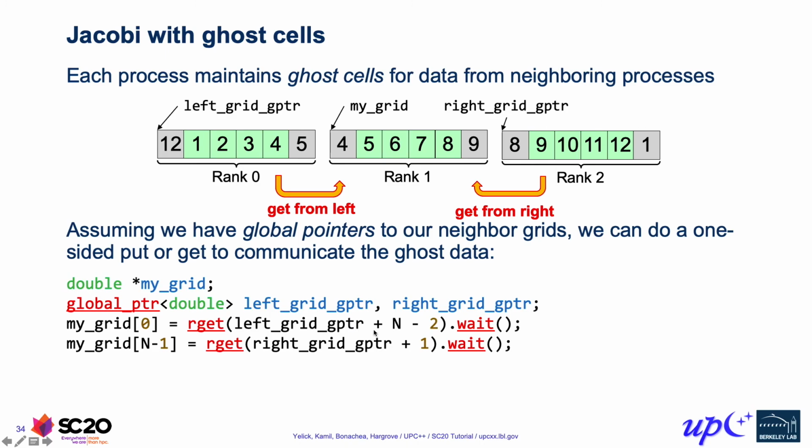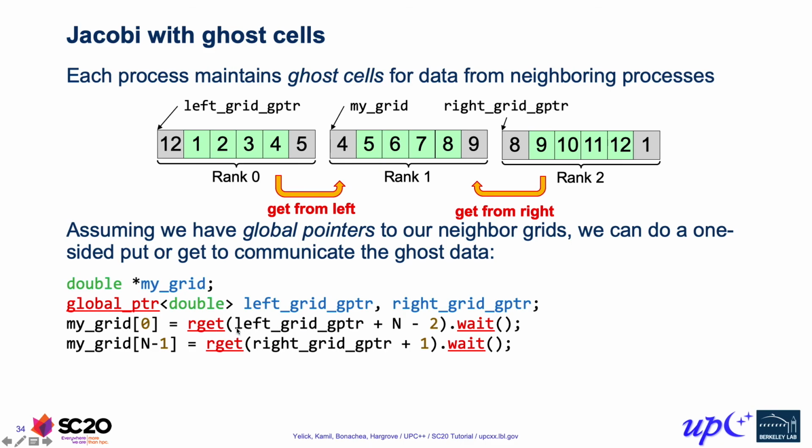Okay, so notice here that we can do pointer arithmetic to compute a global pointer that points at the element that we want. Here again we have the left grid pointer pointing at the beginning of our left neighbor's grid, and if we add the number of elements minus 2, we get to the actual element that we want.